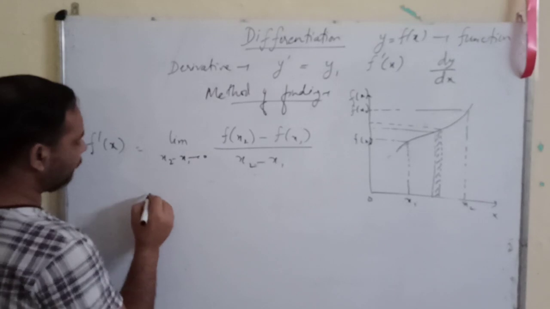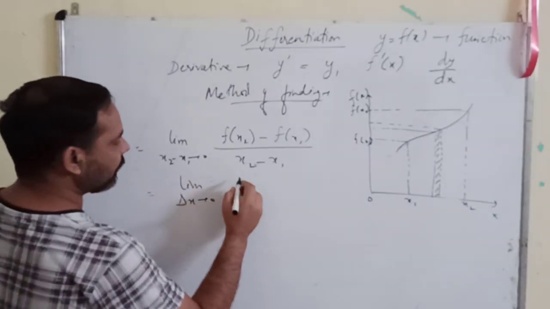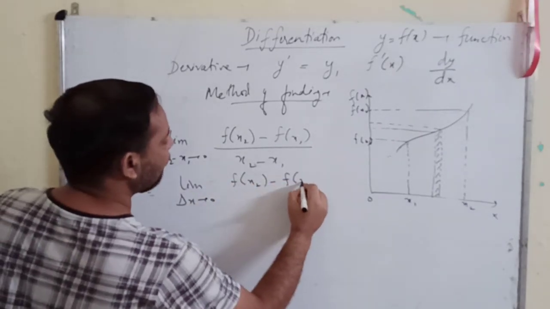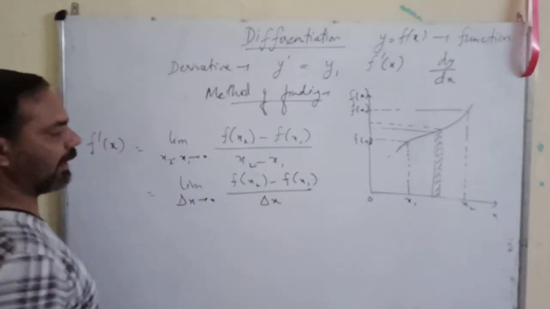So you can further write this as limit delta x tends to 0 of f(x2) minus f(x1) upon delta x.